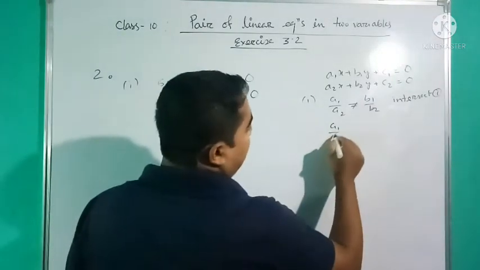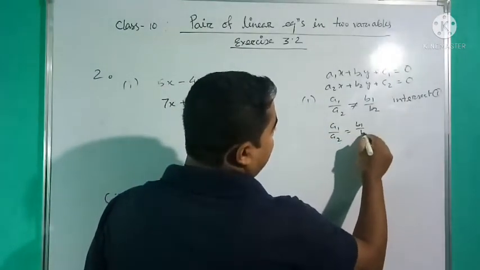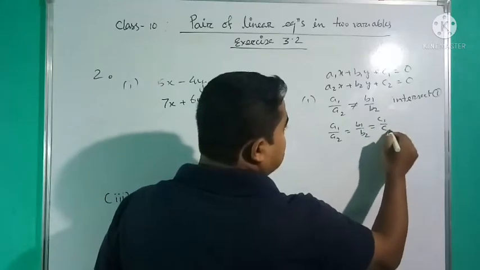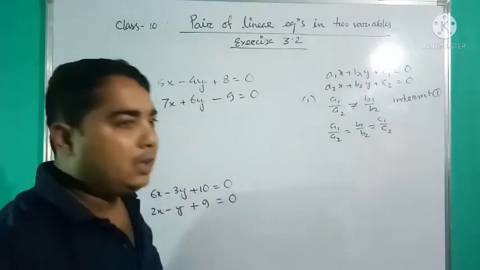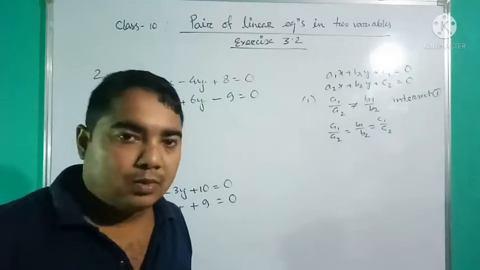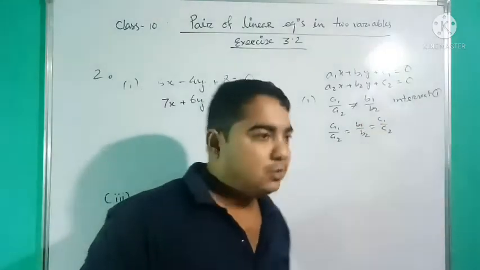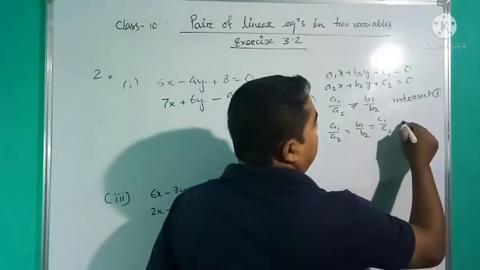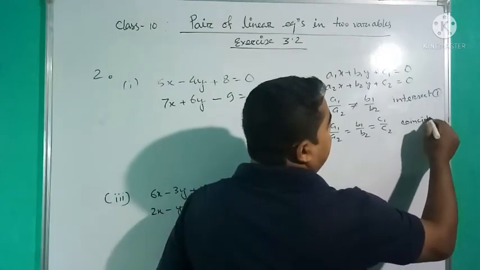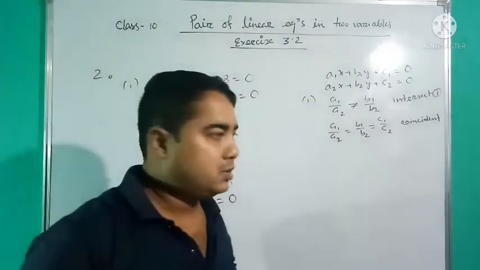If a1 by a2 equals b1 by b2 equals c1 by c2, meaning a1 by a2 value is equal to b1 by b2 value, which is equal to c1 by c2, then the lines are coincident. Coincident means infinite number of solutions.